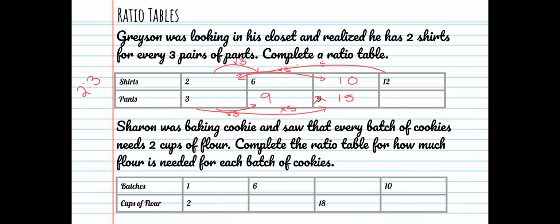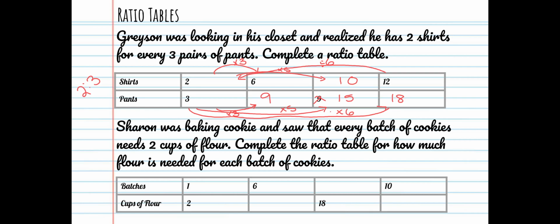Or 12 divided by 2 would give us what? So 12 divided by 2 would give us 6. So I know I would then have to take my 3 and multiply it by 6 to get this number right here. 3 times 6 is 18. So if Grayson had 12 shirts, that means he has 18 pair of pants.